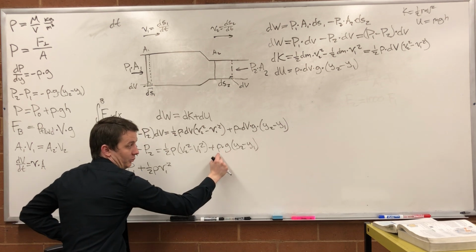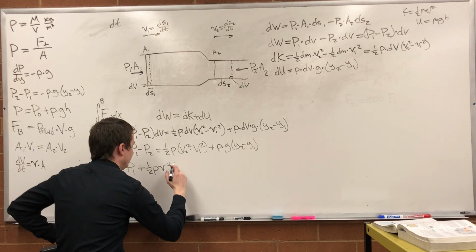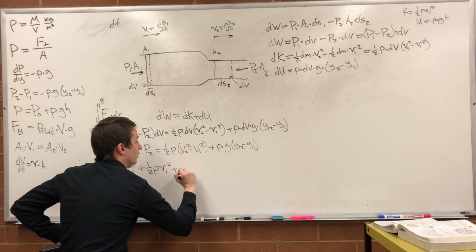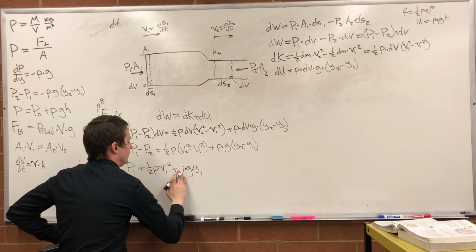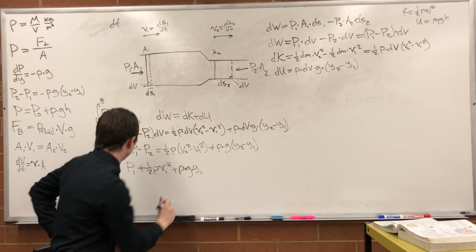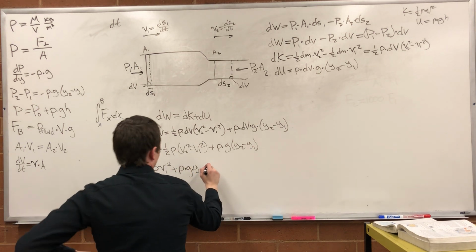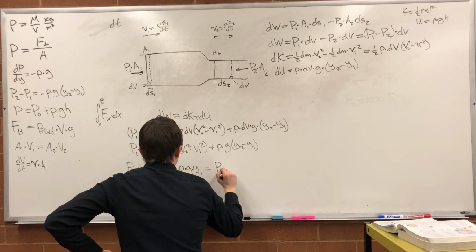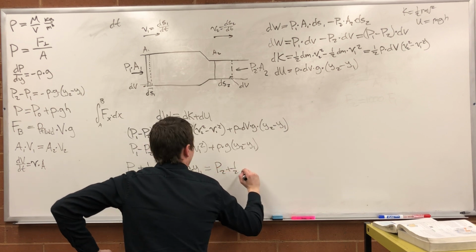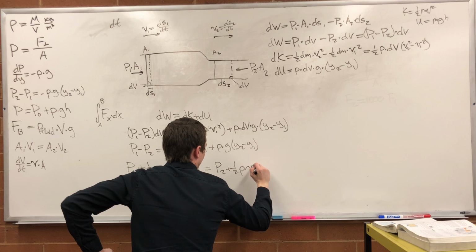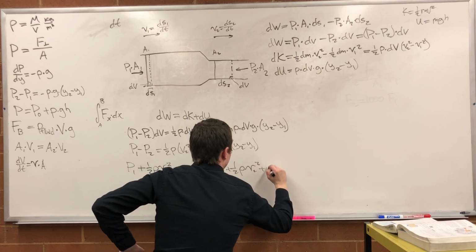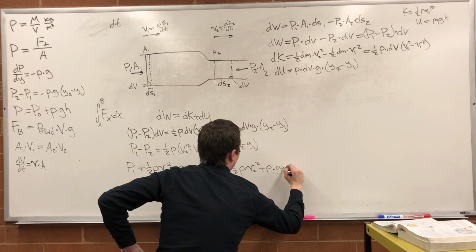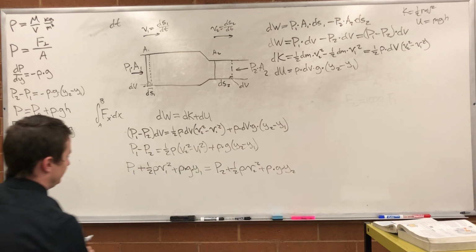And then this term, we have rho g times negative y, so it's going to be plus rho times g times y1, is equal to P2 plus 1/2 rho times V2 squared plus rho times g times y2. That's quite the equation.